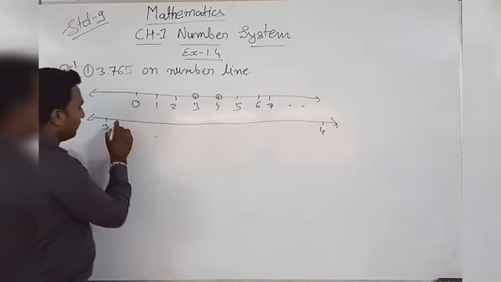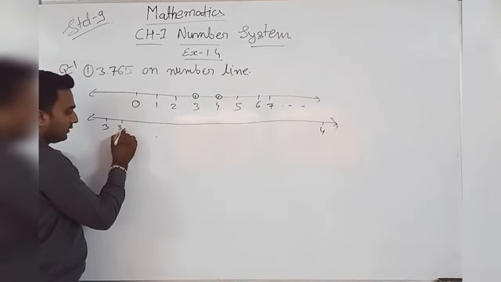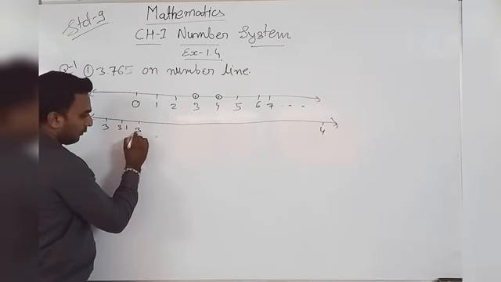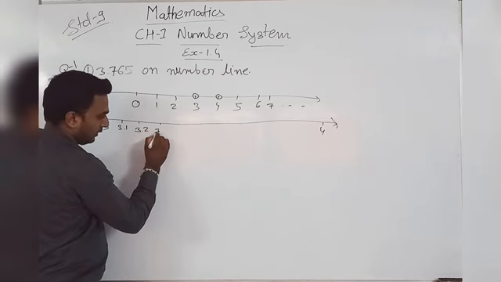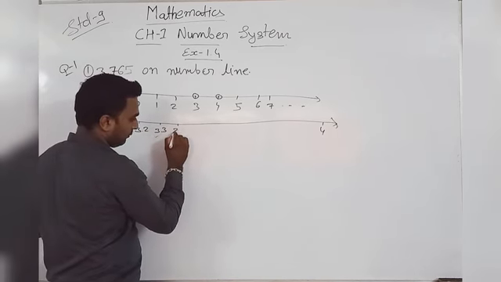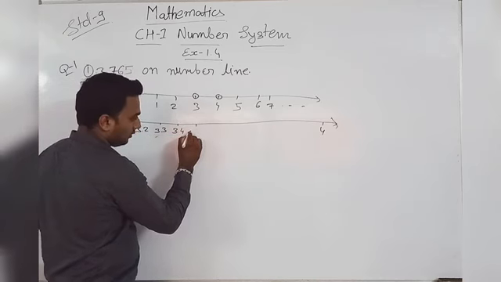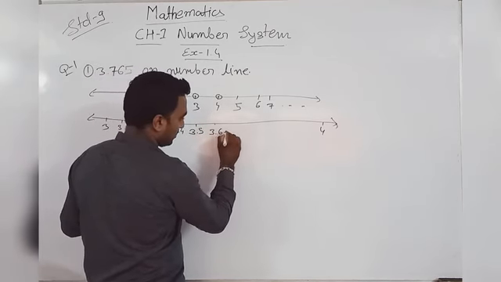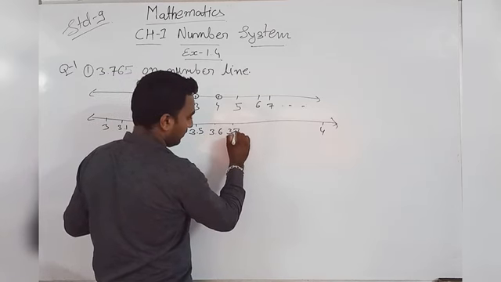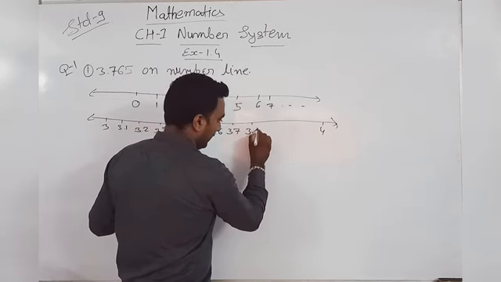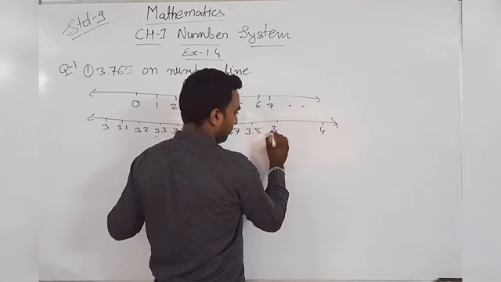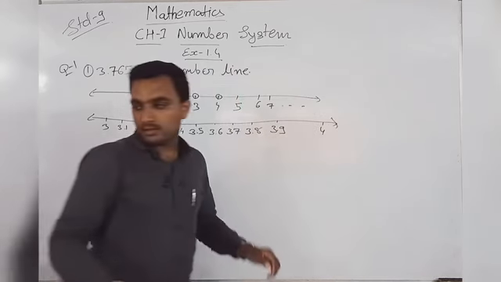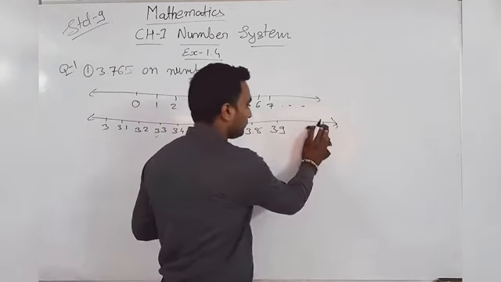Here it is 3, here it is 4. After the 3, 3.1 is coming, 3.2, 3.3, 3.4, 3.5, 3.6, 3.7, 3.8, after that 3.9, and then in the last 4.